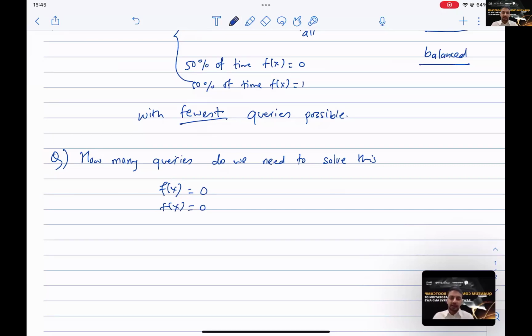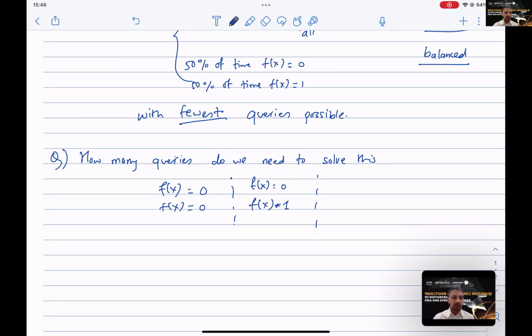Then I know that this is a constant function, right? However, if I apply f(x) and get 0, that's the first outcome. It doesn't matter whatever outcome I get, I just need to query this 2 times. So you can compare these two scenarios.